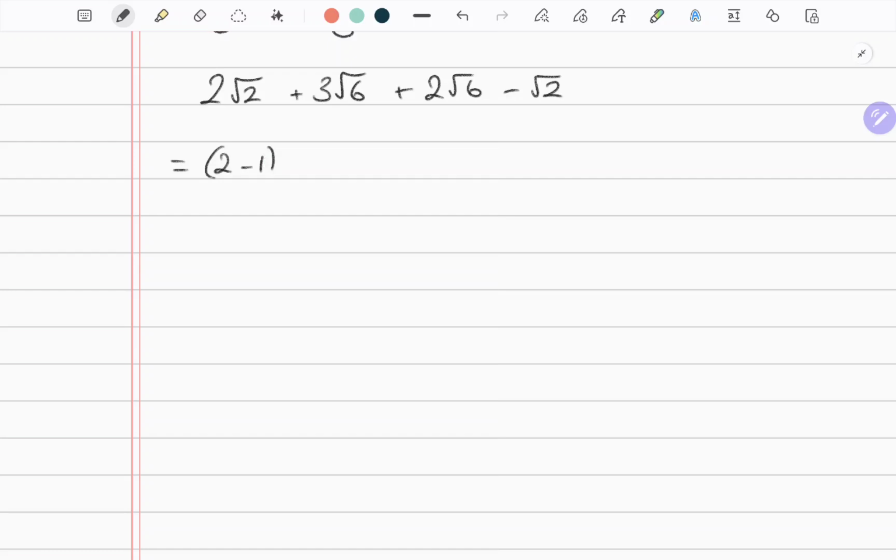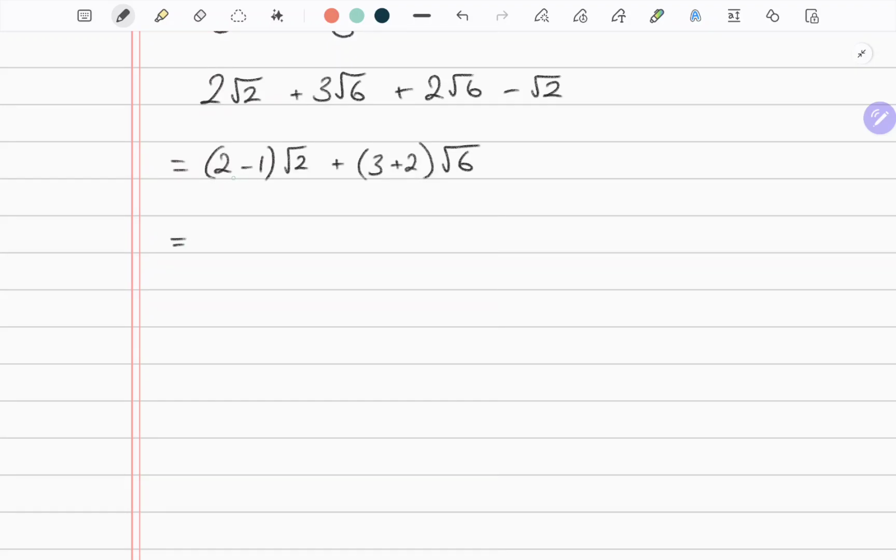So minus the 1, and then let's bring this square root 2 out. And then we look at this middle part here. So we have effectively a 3 coefficient and a 2 coefficient, so 3 plus 2 here, and we've pulled that square root 6 out.